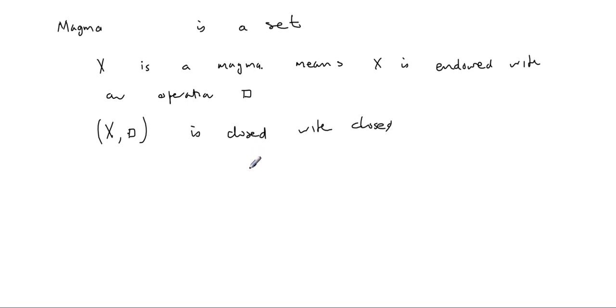So this is the most primitive kind of structure. All that happens is that these things interact and they produce one of their own. Two of them interact, they produce one of their own.